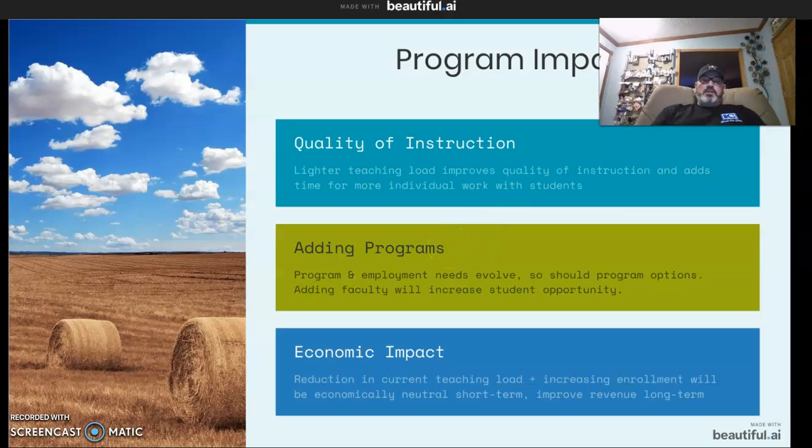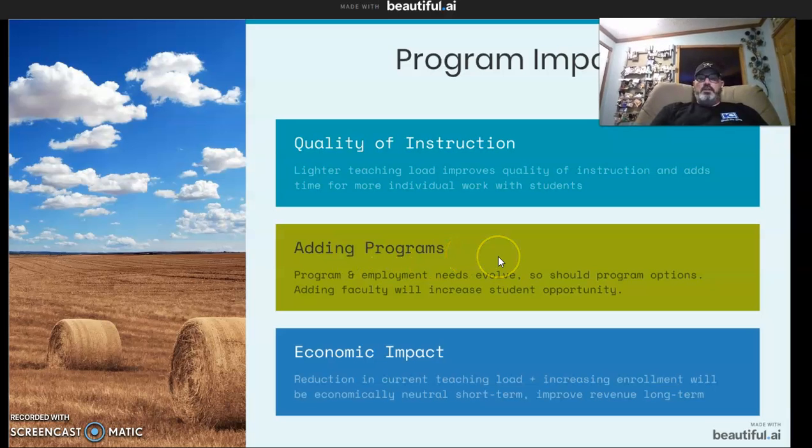Number two, of course, you're going to ask these following two questions: how are we going to grow, and what economic impact is it going to make? And of course, as you add a third faculty member, then program and employment needs evolve, and so should our program options.